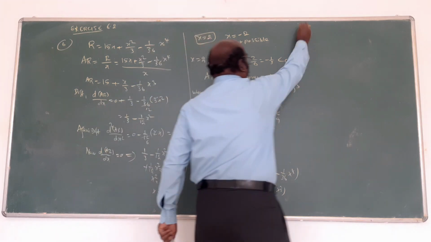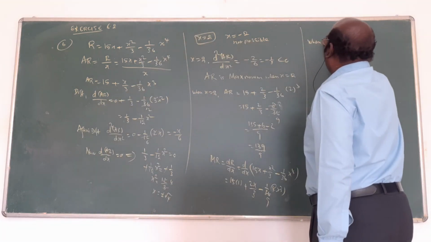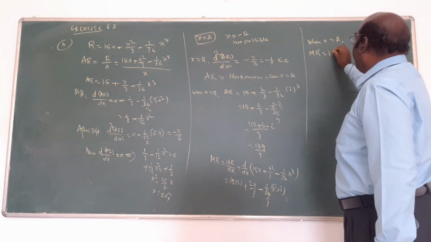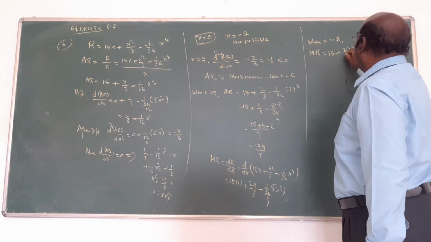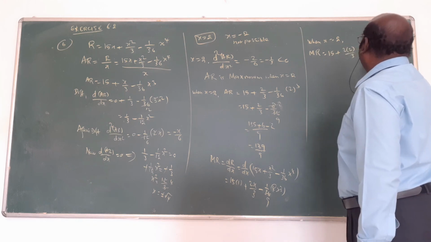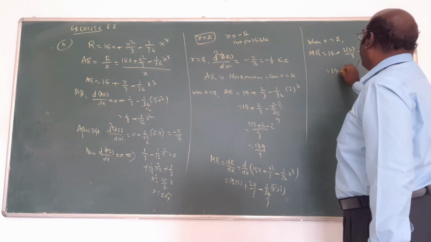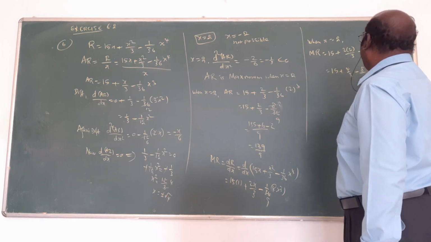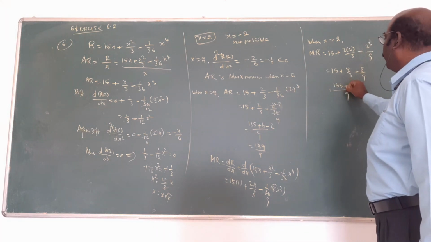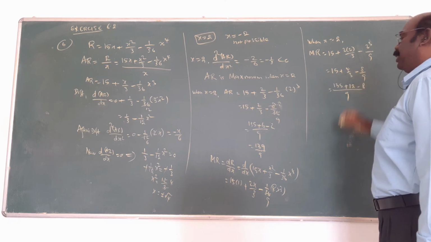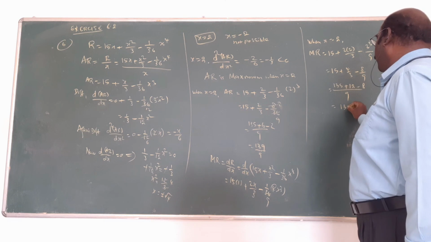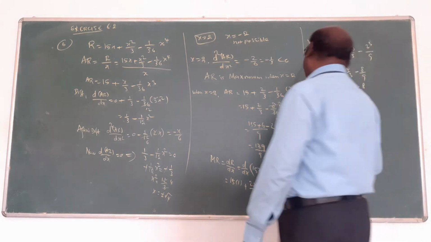Now when x is equal to 2, MR equal to 15 plus 2 into 2 by 3 plus 2 cube minus 2 cube by 9. Am I right? 15 plus 4 by 3, 8 by 9. Here also minus, LCM 135, here 3 days to minus 8. Am I correct? The same answer, 139.